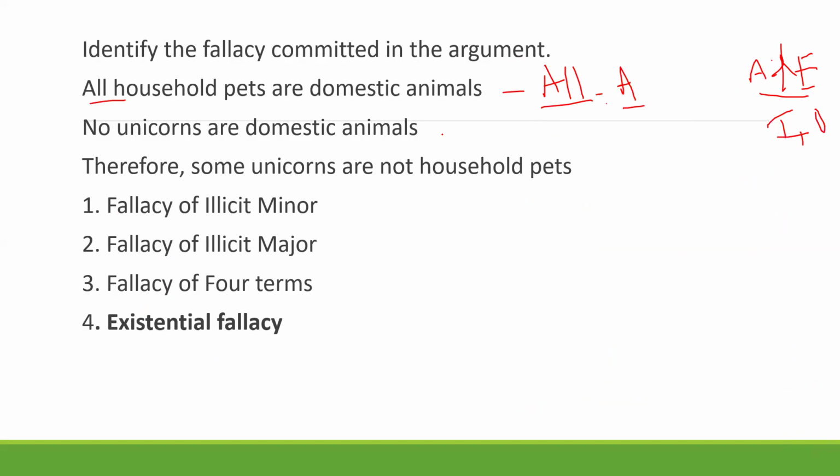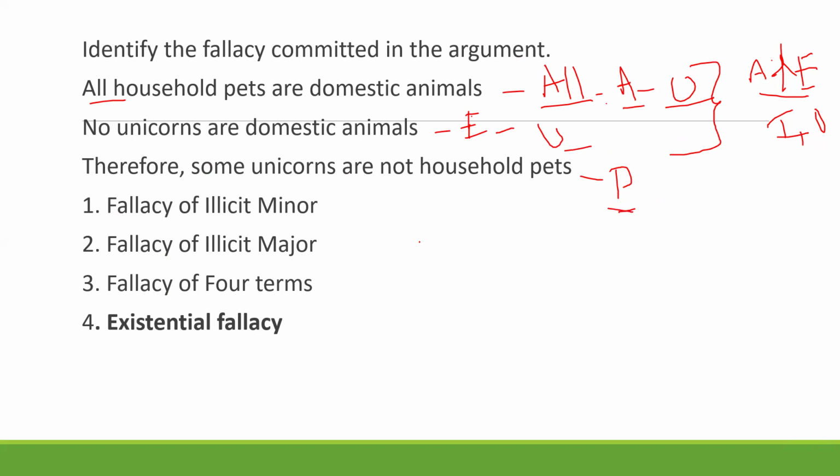No unicorns are domestic animals, that is E type. This is also universal. Both universal joined together, I am getting a particular answer. So therefore, some unicorns are not household pets. That is called a particular answer.